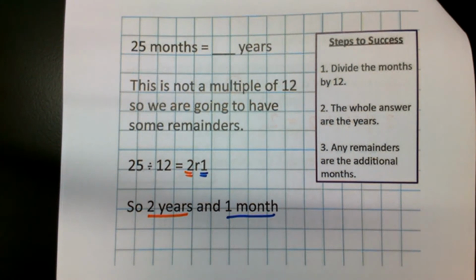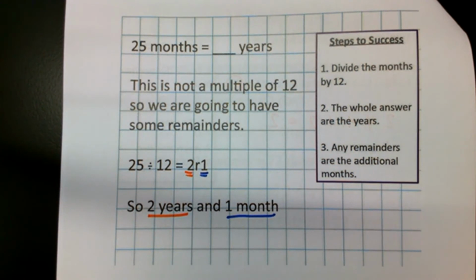What about 52 months? It's 52 divided by 12 equals 4, remainder. 4 times 12 is 48. So now I'm going to count on: 48, 49, 50, 51, 52, remainder 4. So it's 4 years and 4 months.